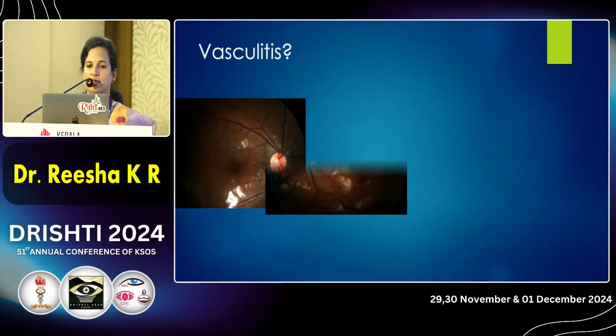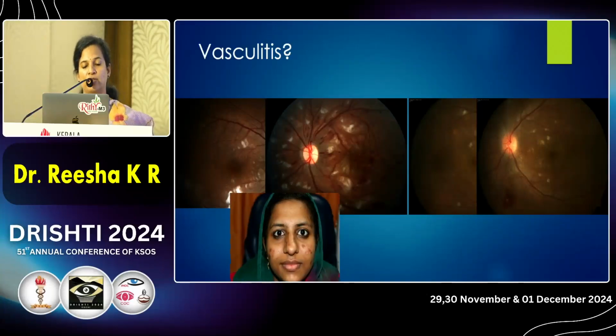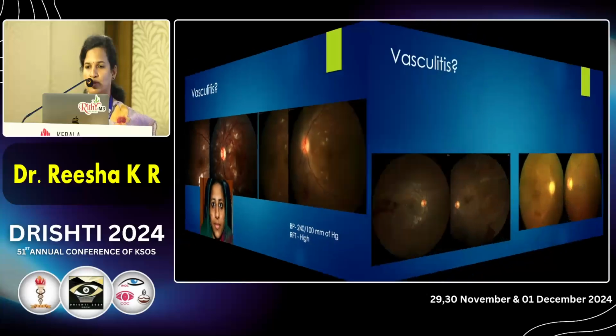Now look at these photos. All look very much similar with cotton wool patches and hemorrhages. But in the first two, bilateral vasculitis, the patient had CME with occlusive vessels, and the patient had a malar rash. So diagnosis is easy. It's SLE associated occlusive vasculitis. In the second set, the patient was again young with a high BP, so that was hypertensive retinopathy.